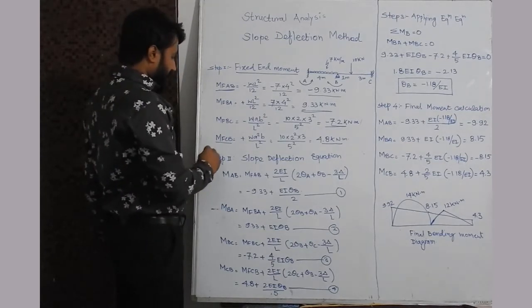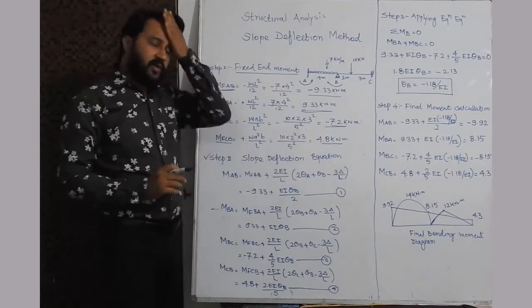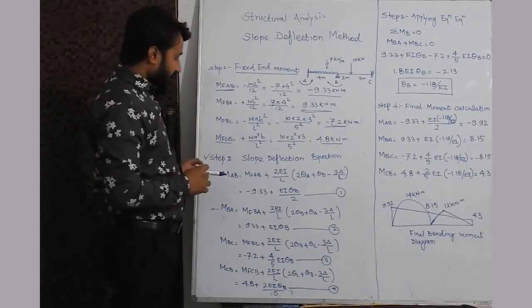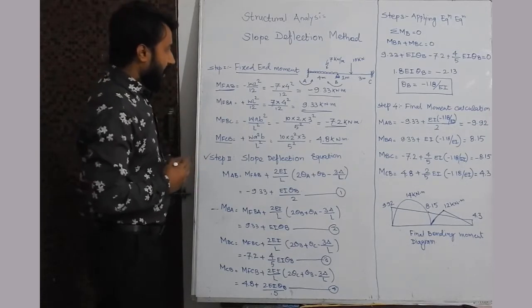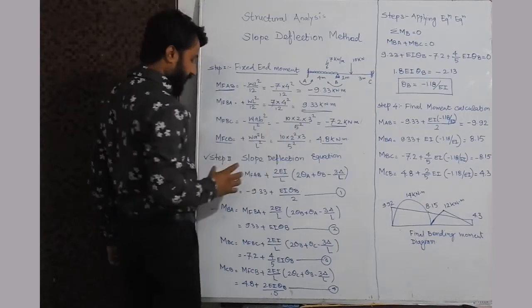Now we move to the second step, that is the slope deflection equation. In yesterday's class we saw the equation of slope deflection, and as there are two members, there will be four equations.